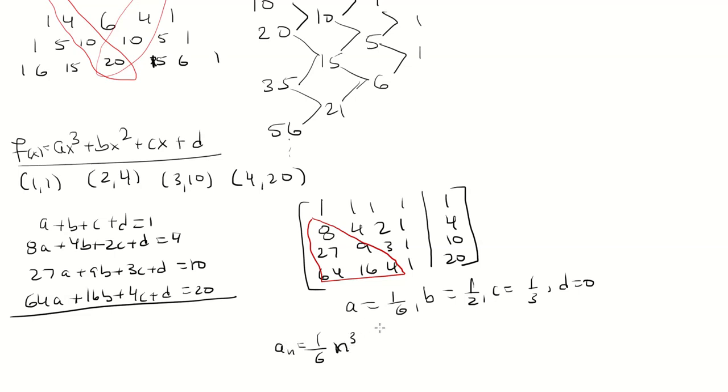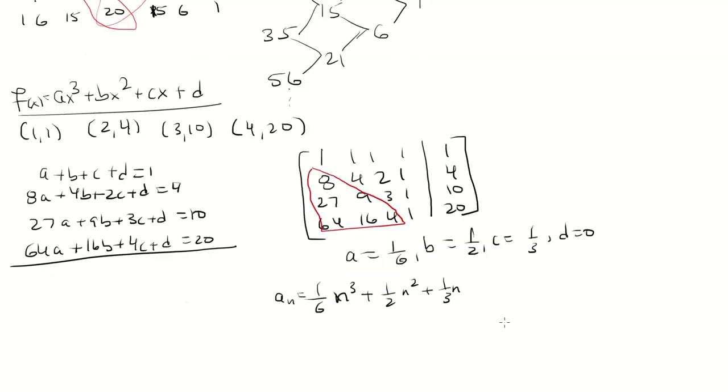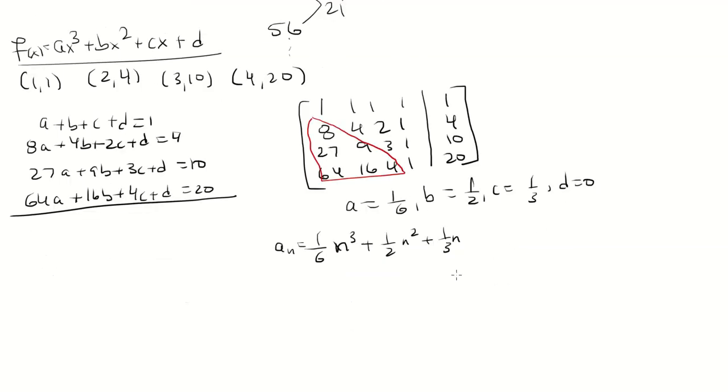So 1/6 n cubed plus 1/2 n squared plus 1/3 n. And d is 0, so we don't need to add that. Here you can also get a common denominator of 6, and the numerator will be n cubed plus 3n squared plus 2n.